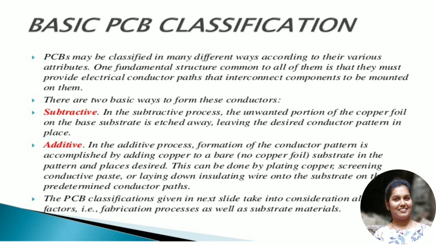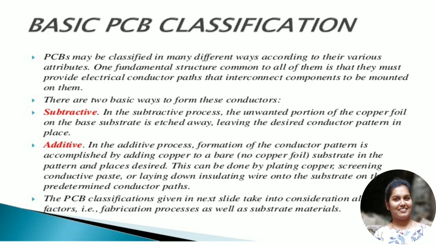The complete PCB substrate will be coated with copper, and wherever you need placement of a component, the plating and screening of the conductive paste and laying down of the insulating wire on the substrate will be done. This kind of process of laying a conductive path is the additive type of PCBs.